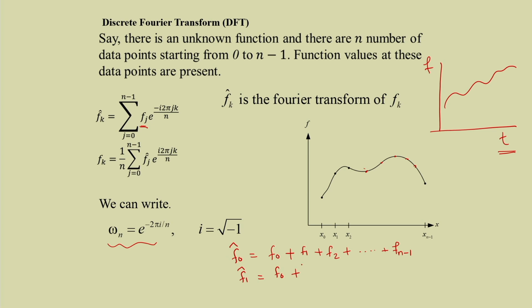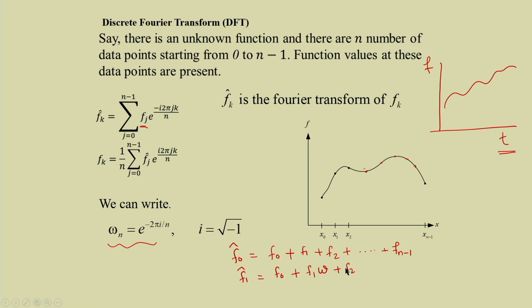The next term is j equal to 1, so this is f 1, and now it becomes e to the power minus i pi into 2 by n, which is omega n. So f 1 omega n.